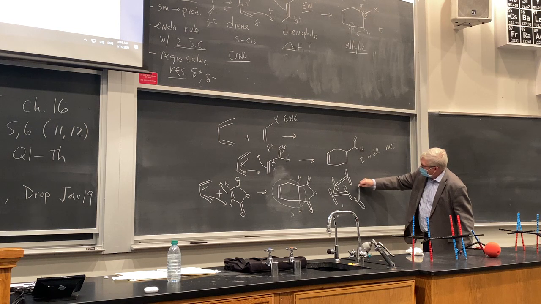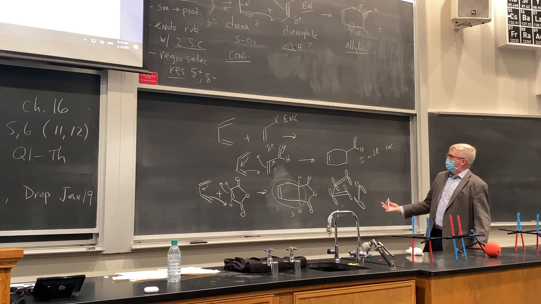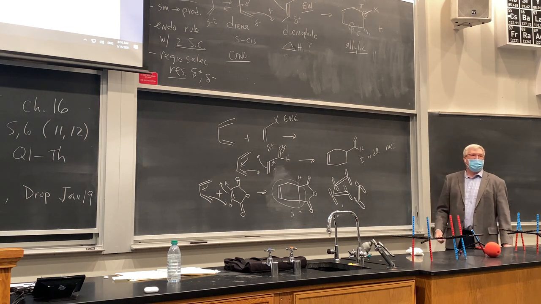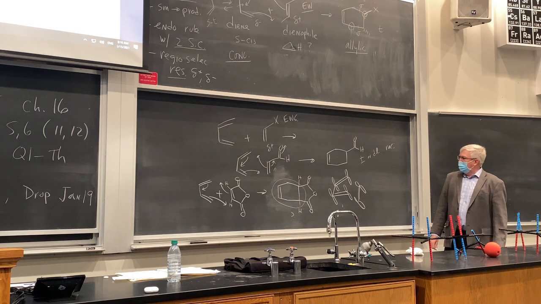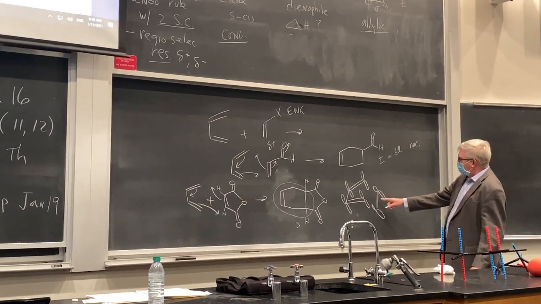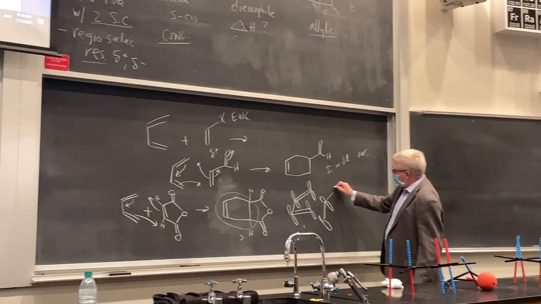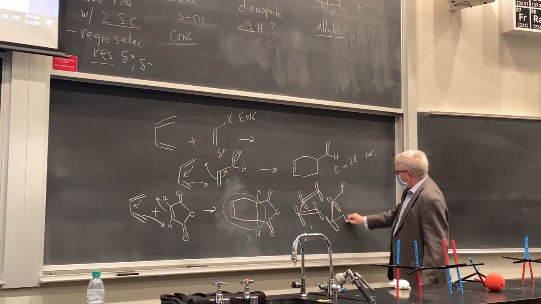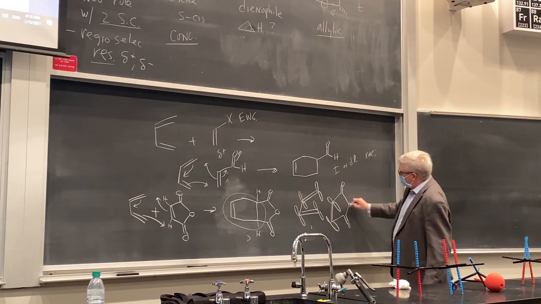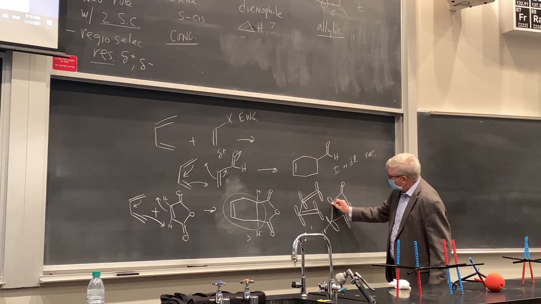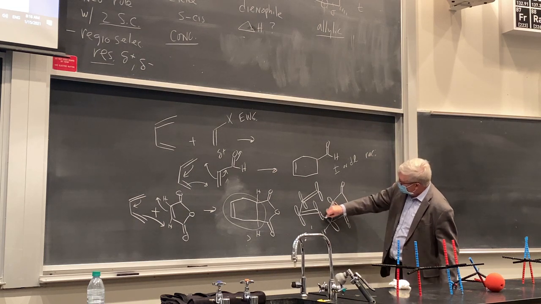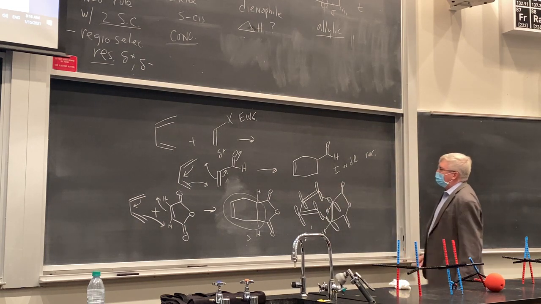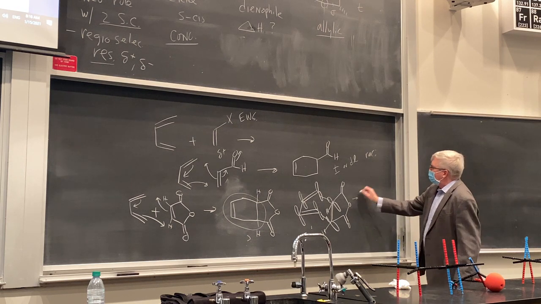And then we're overlapping, you see, with the pi bonds of the dienophile. So when these come on there, where are these going to be? Let's see, we could have this transition state here. We've got those hydrogens on there. And so as long as we interact there, what's our product going to look like?